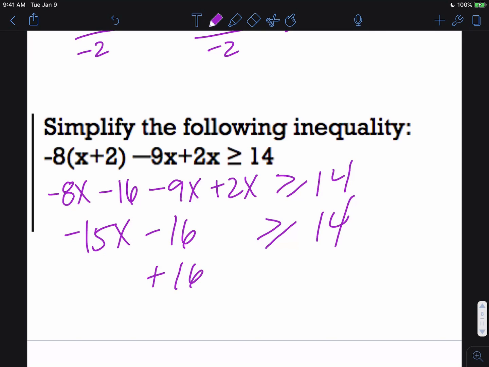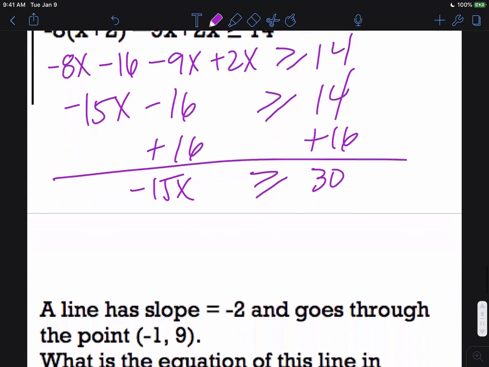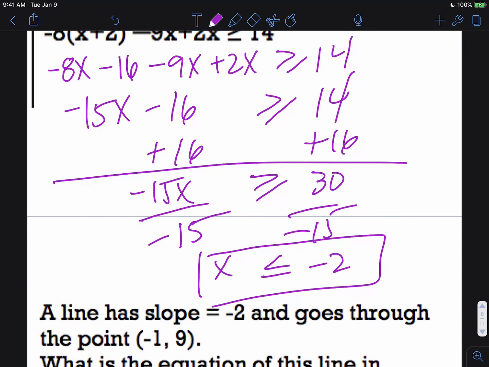Let me move this 16 over. Did not change my symbol. Now go ahead and divide. Since I'm dividing on both sides by a negative number, my symbol is going to switch places, and I have an answer.